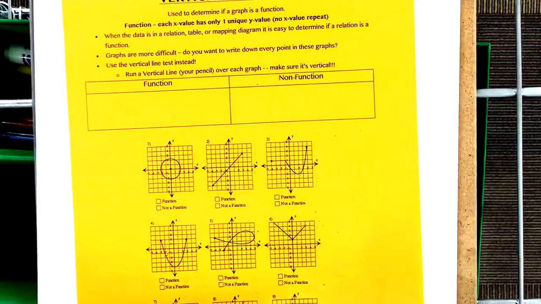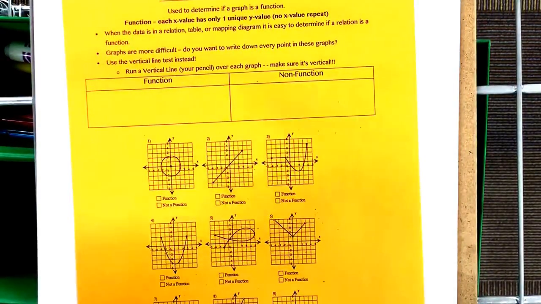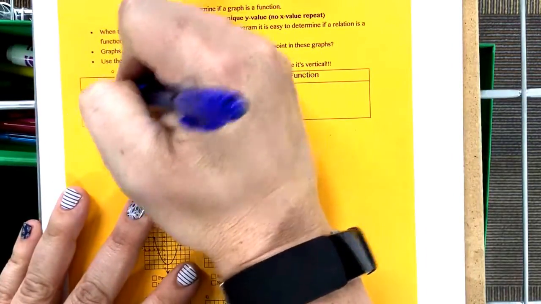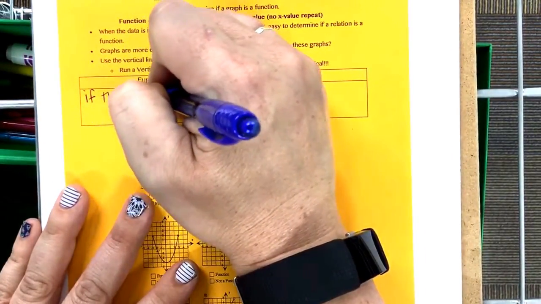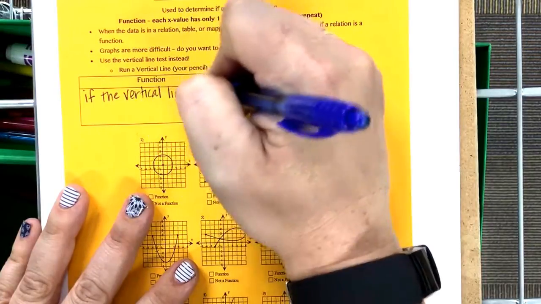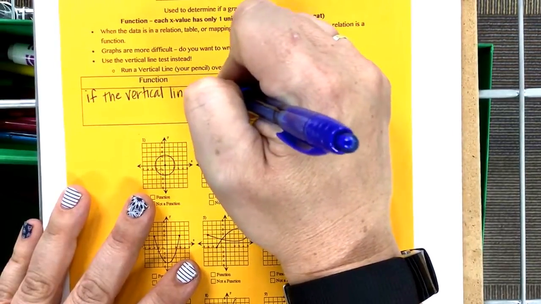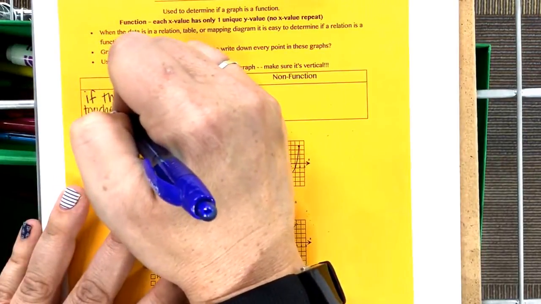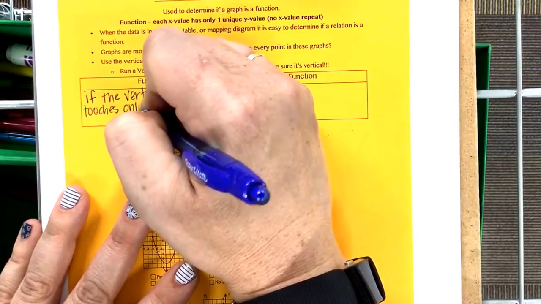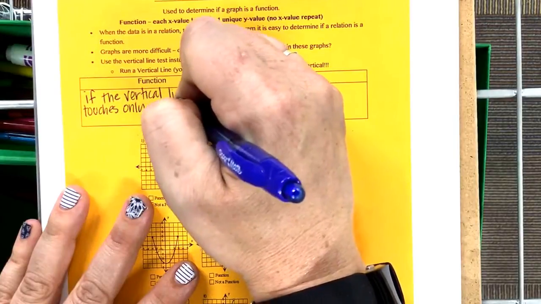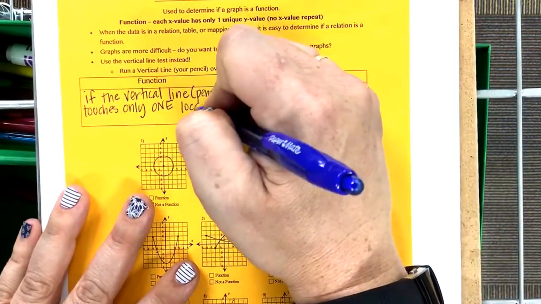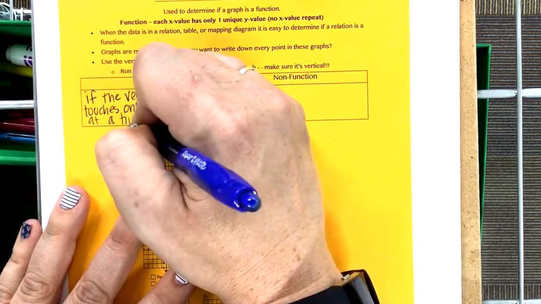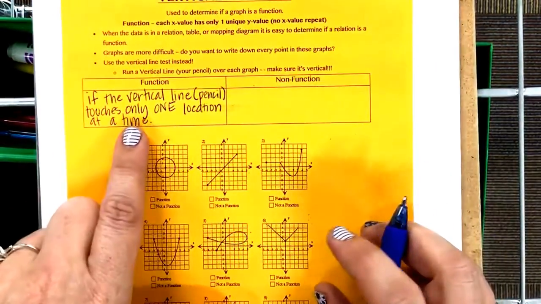So the vertical line test is if the vertical line, your pencil, touches only one location at a time, it is a function.